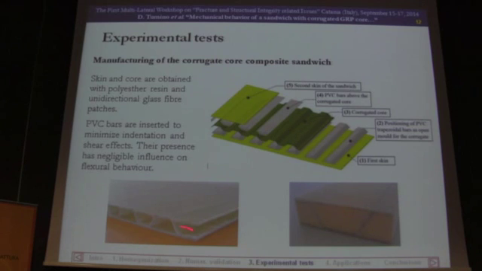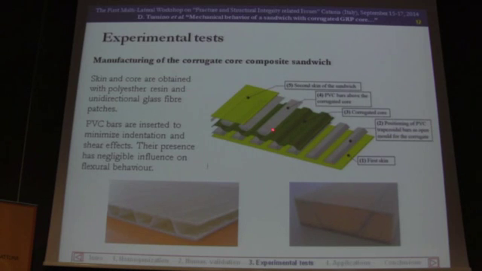But the problem was to maintain the assumption of infinite modulus in the z direction to avoid indentation. This solution was not able to ensure this assumption. So we put inside this PVC.